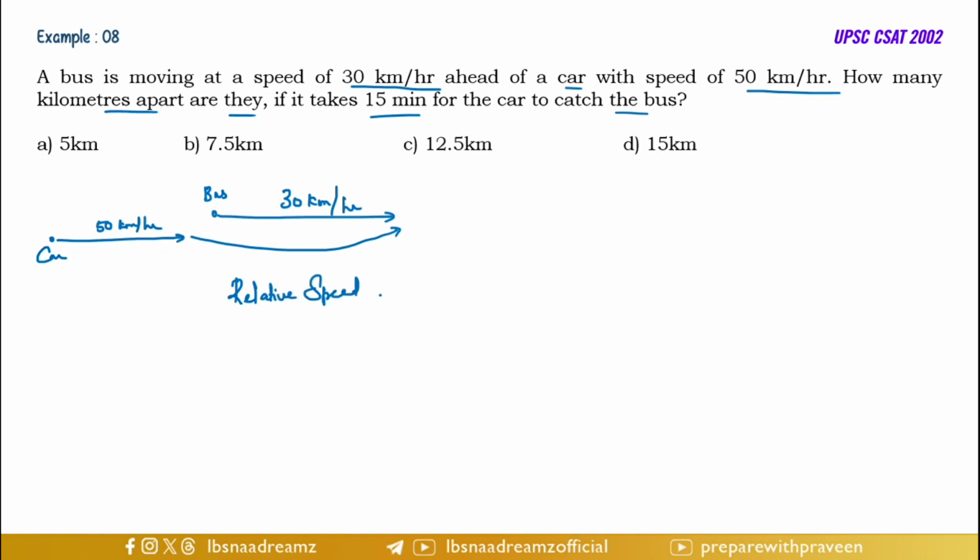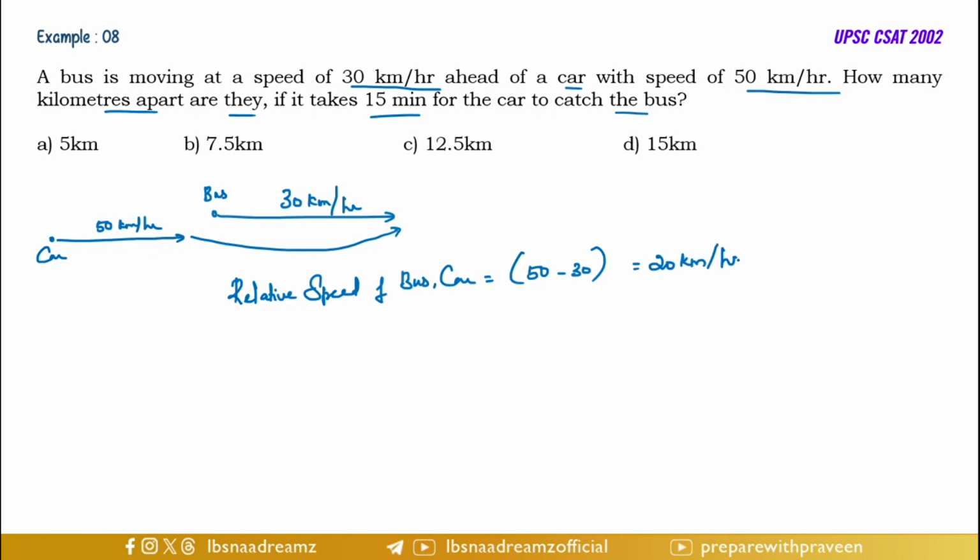So the relative speed of the bus and car is equal to 50 minus 30, that is 20 kilometer per hour.